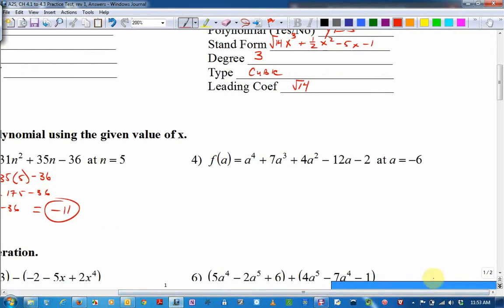Okay, the next one says evaluate it when a is -6. So I'm going to have -6 to the 4th plus 7 times -6 cubed plus 4 times -6 squared minus 12 times -6 minus 2.